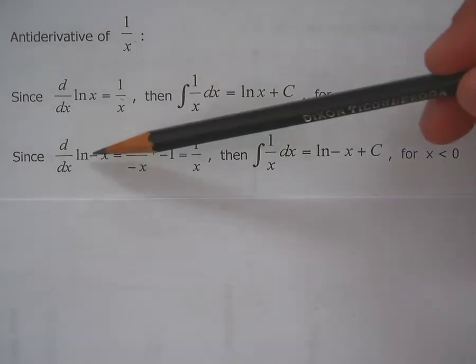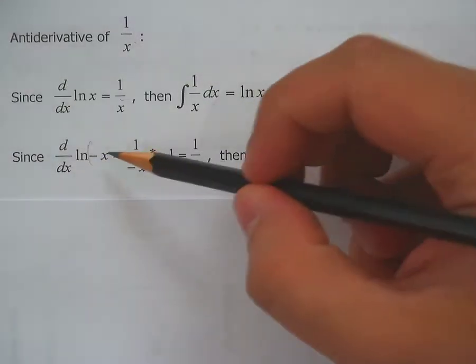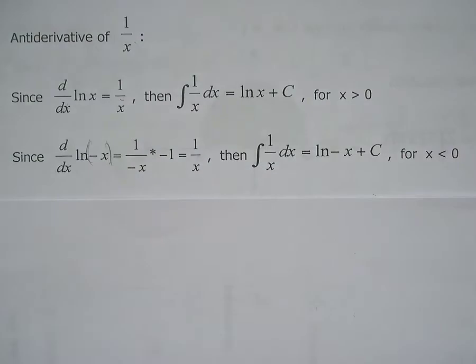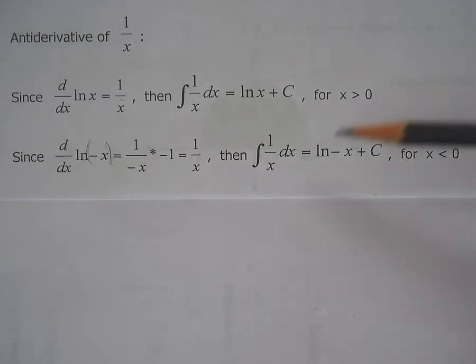You're taking out the negative from the x. So you pull out the negative from the x, and then you can just call it 1 over negative x times negative 1, which again is 1 over x. So we can never end up with a negative result. Then the antiderivative of 1 over x dx is the natural log of negative x plus c.